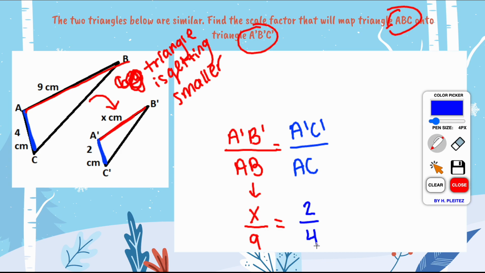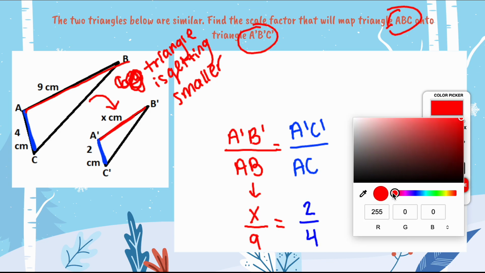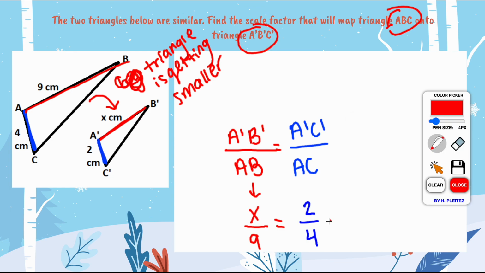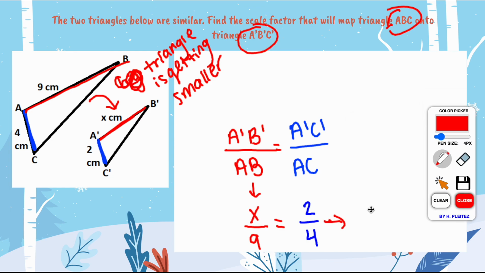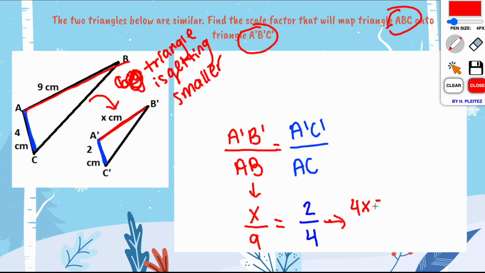Right now we don't have a value for X, but we already know how to find that. Using our prior knowledge, we can cross multiply and solve for the value of X. If we did that, we would get 4X equals 18, and then X is equal to 4.5. So now I know that A prime B prime is 4.5.